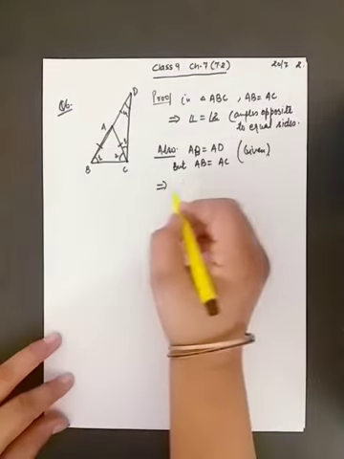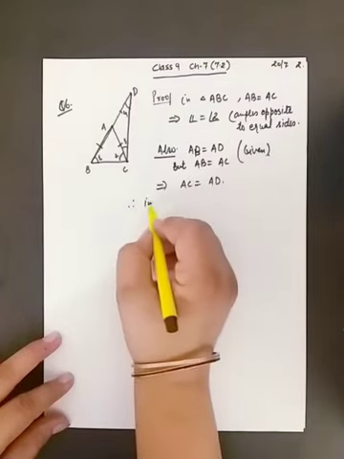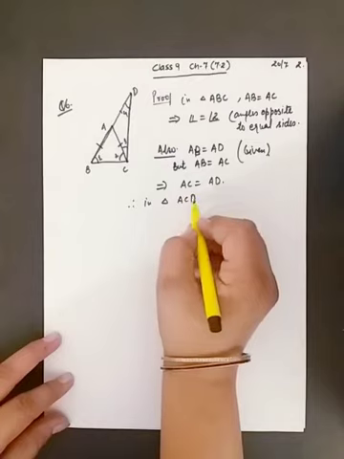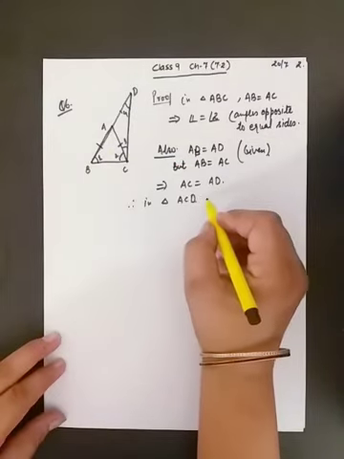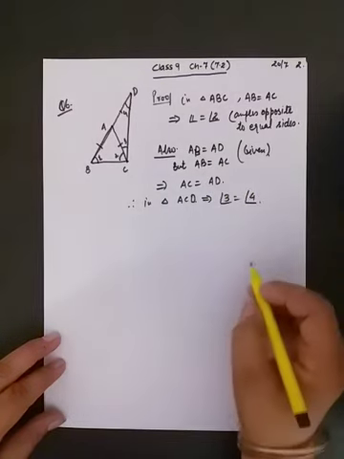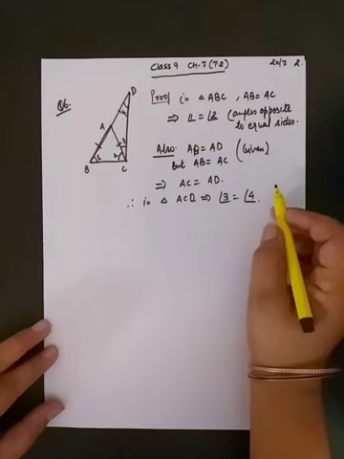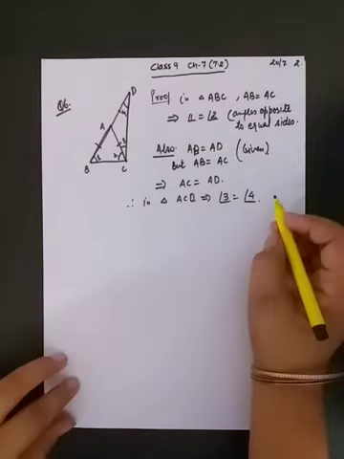Then we can say that AC is equal to AD. Therefore, in triangle ACD, it means triangle ACD is also an isosceles triangle, and it gives angle 3 is equal to angle 4. Angles opposite to equal sides. Same reason as we have used above.